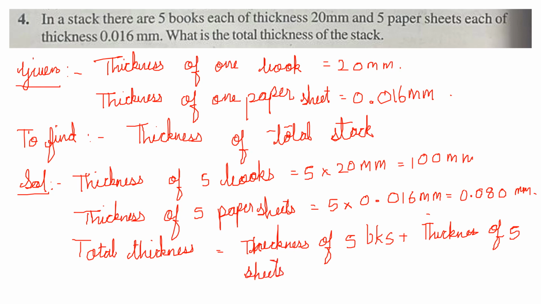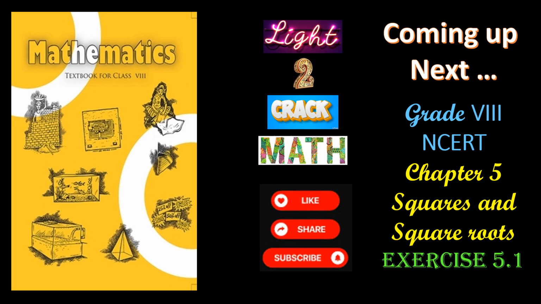So you will have to add both of them. So 100 millimeter plus 0.080 millimeter is nothing but 100.080 millimeter. Therefore, the total thickness of the stack is nothing but 100.080 millimeter. With this, we come to the end of this video.